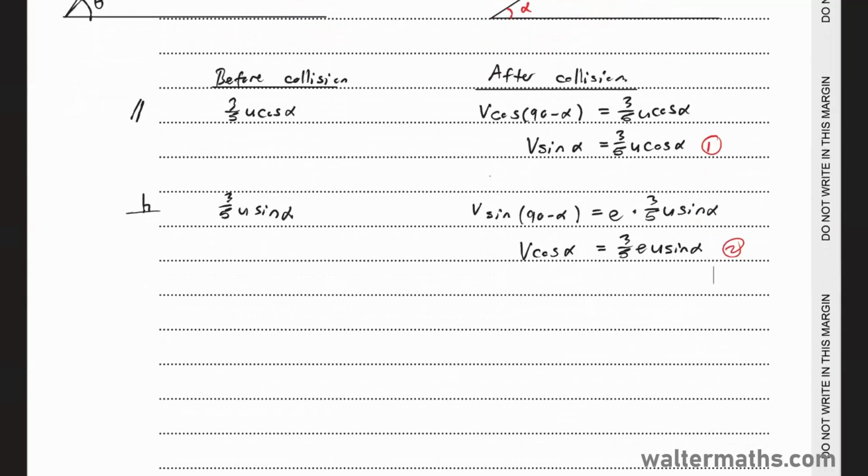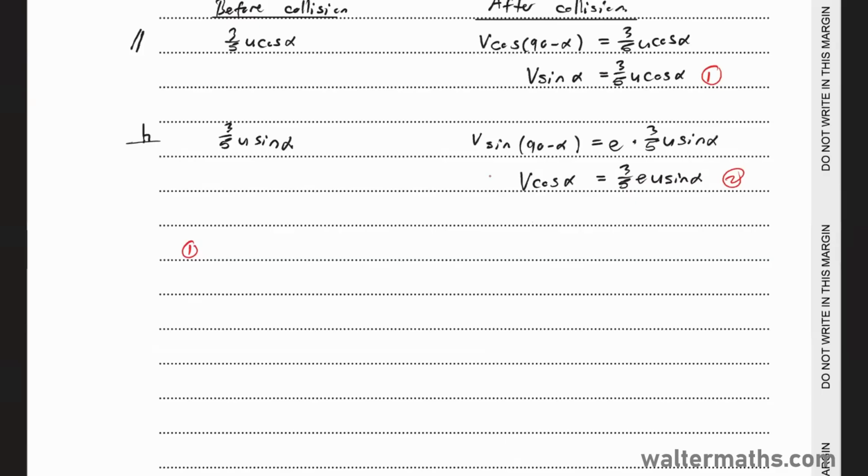If we say equation 1 divided by equation 2, on the left side we have v sine alpha over v cosine alpha, which is tan alpha, equal to 3/5 u cosine alpha over 3/5 E u sine alpha.